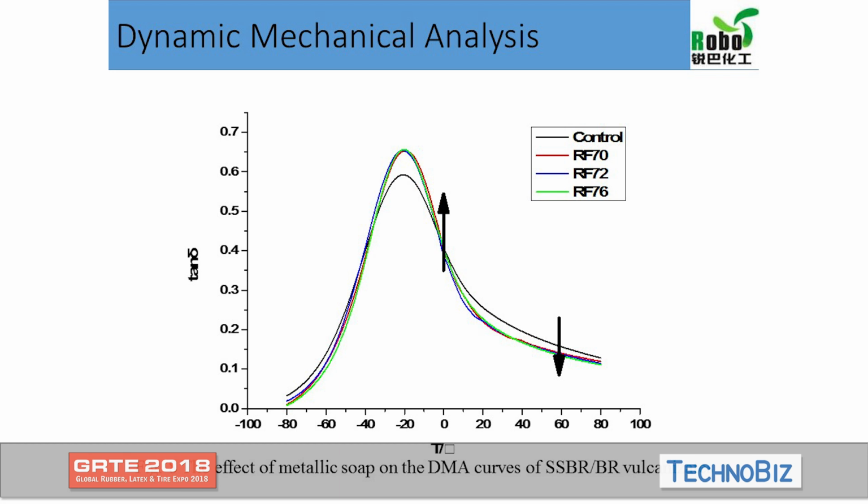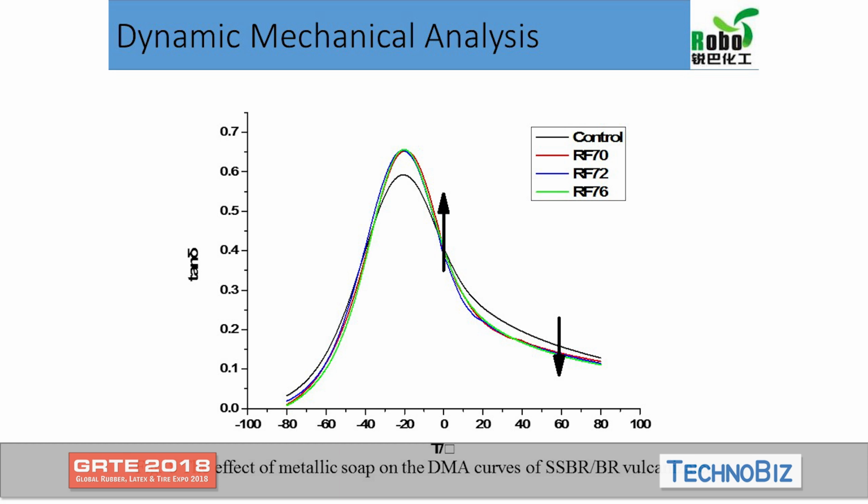Therefore, a low tan delta at higher temperature ranging from about 50 to 80 degrees, and a higher tan delta at the lower temperature ranging from 0 to minus 20 degrees will be favorable for both rolling resistance and wet skid resistance.